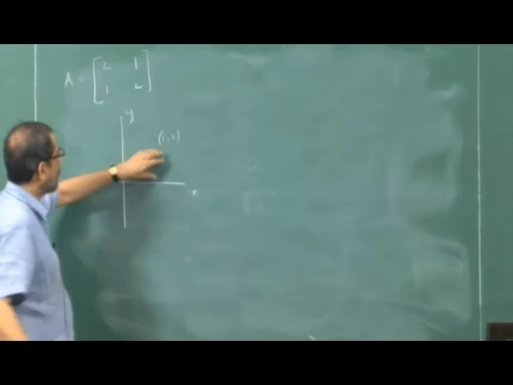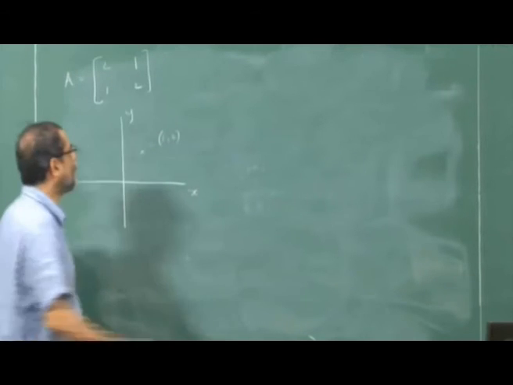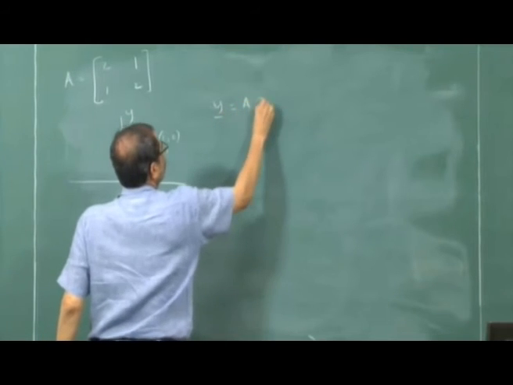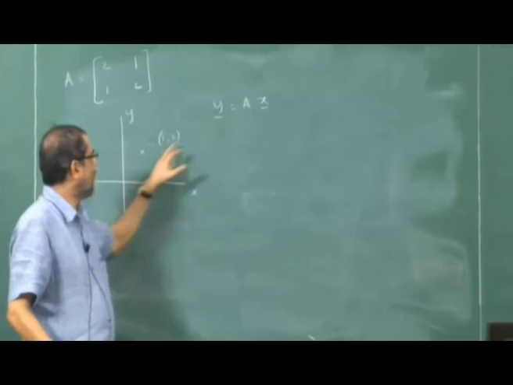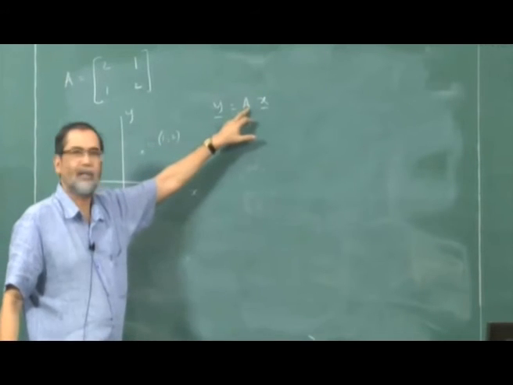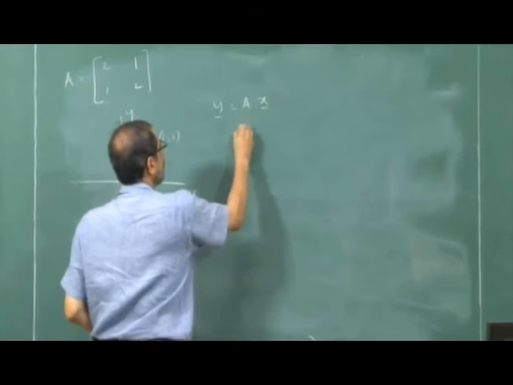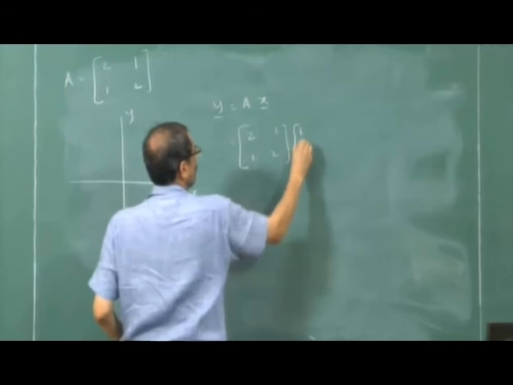Let me transform this point by this matrix, finding a vector y by multiplying the point by the matrix A. So 2 1 1 2 times 1 2.